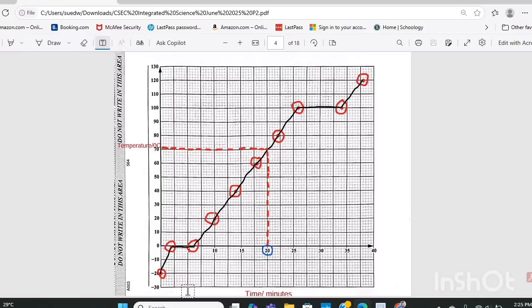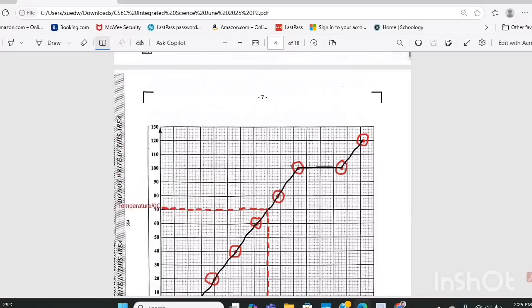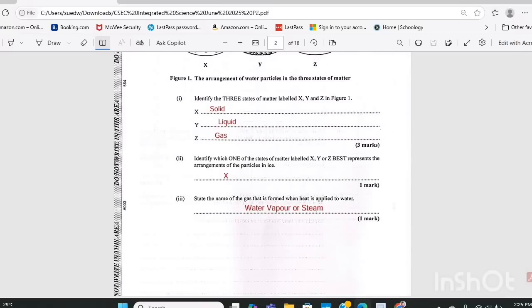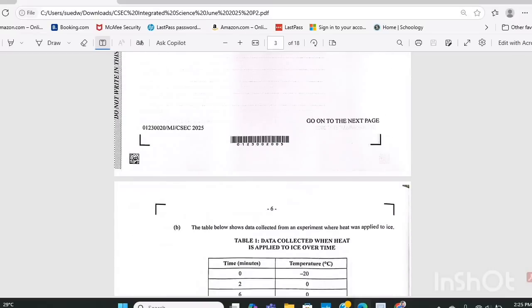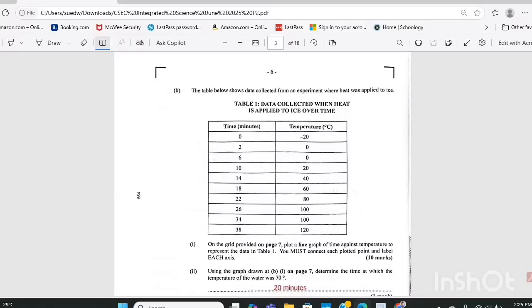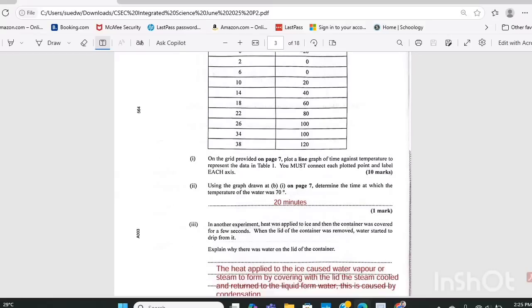Now, the only thing for me that I think might confuse some students is where the actual numbers are for the time, because on this, it has every 2 centimeters equaling 5 minutes. But in your table, you have numbers such as 2, 6, 10, 14, 18, 22, a lot of even numbers.